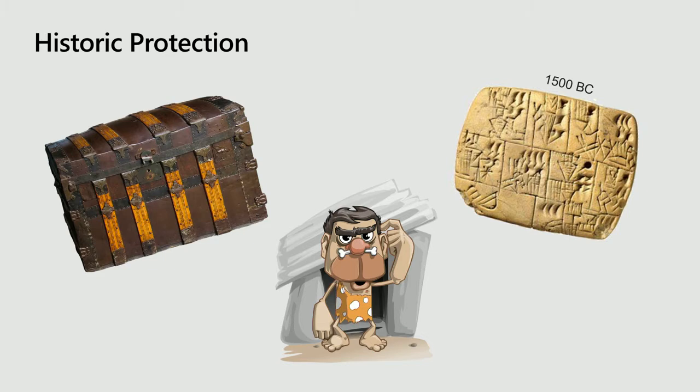This clay here is a recipe for a pottery maker on how he did the glazing. So he figured out he had the best glazing around that made the pottery last longer. So he didn't want anybody else to read the recipe, so he encrypted the recipe. So that's quite old, right?